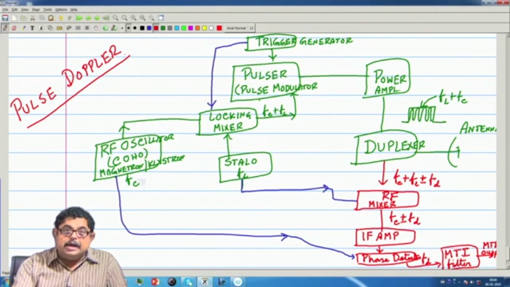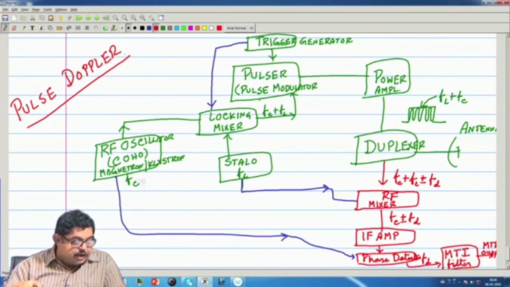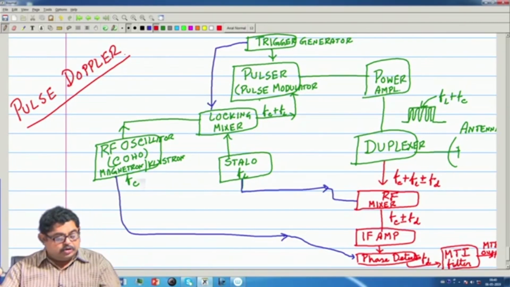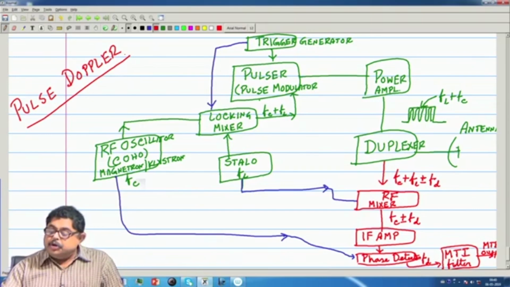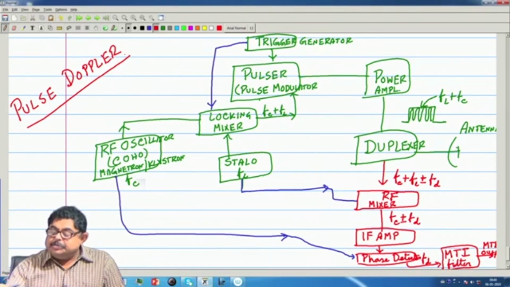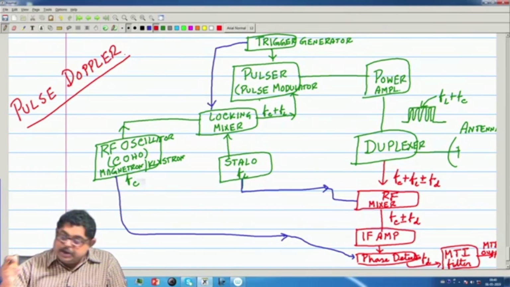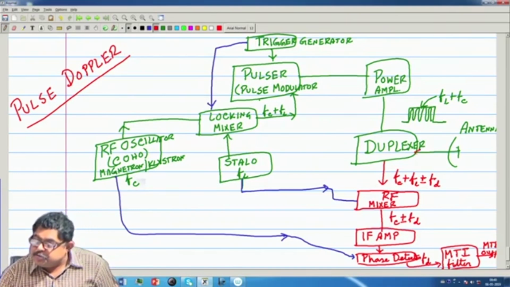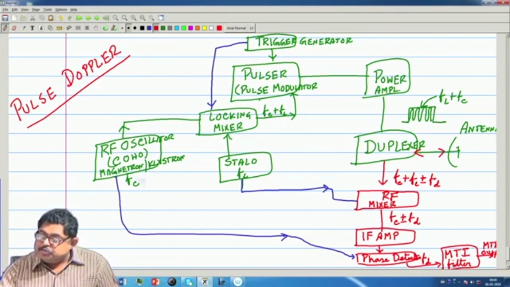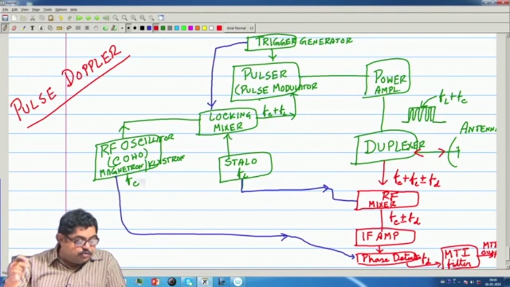So, despite the RF oscillator phase being random, the reference signal is coherent with the transmission. That is why it is called coherent MTI. Now, the duplexer multiplexes the transmitted signal and the received signal. I should actually draw it both ways, so that two arrows should be there.